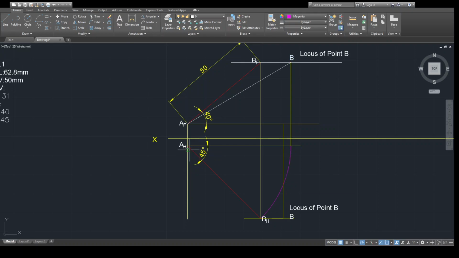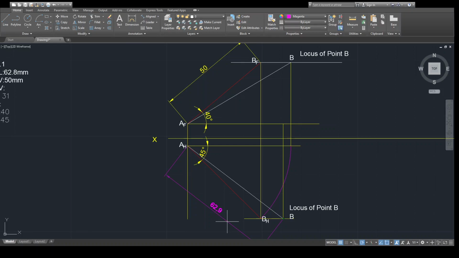So you join AH B, it is the true length in case of front view. In both the views you have determined the true length. Obviously true length is 62.8. Here also you should get 62.8. Okay, 62.8, 62.9, yes, the same dimensions.